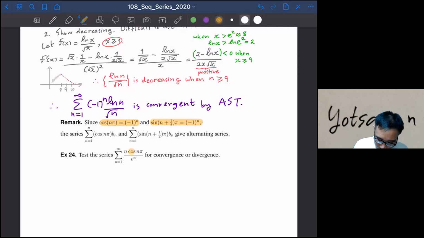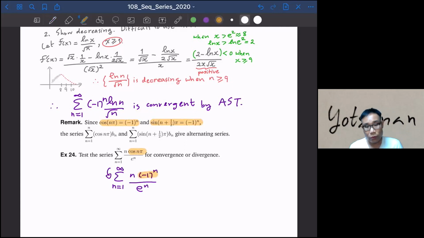For this one, you see that this transforms into the series n equal to 1 to infinity of n times negative 1 to the n over e to the n.